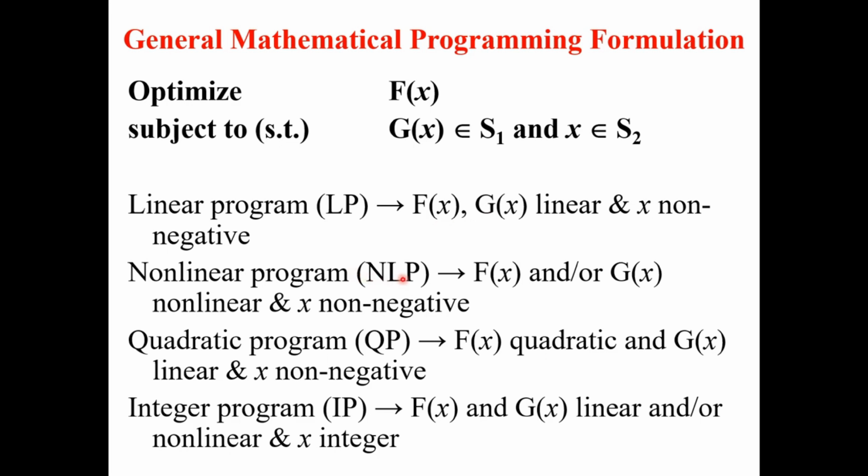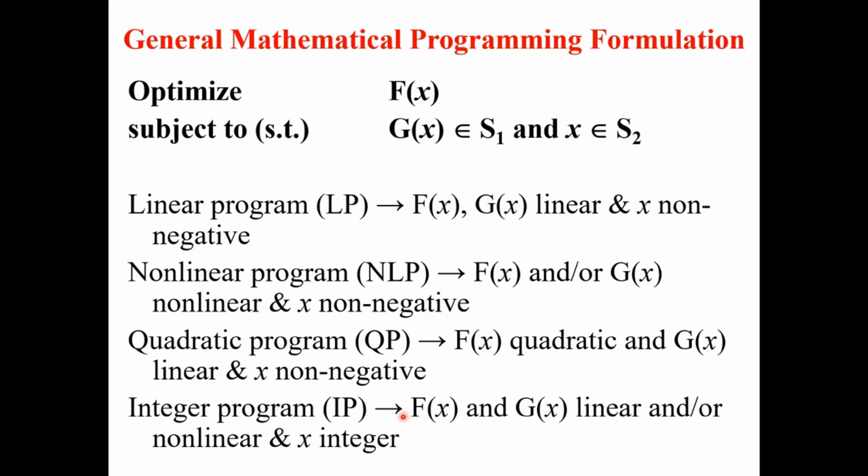Then we have nonlinear programming, where f of x and/or g of x is nonlinear. Both can be nonlinear, and x again is non-negative. Then there's quadratic programming, where f of x is quadratic and g of x is linear and x is non-negative. Now, quadratic programming is just a subset, some people feel, of linear programming, because the first derivative of a quadratic is a linear function.